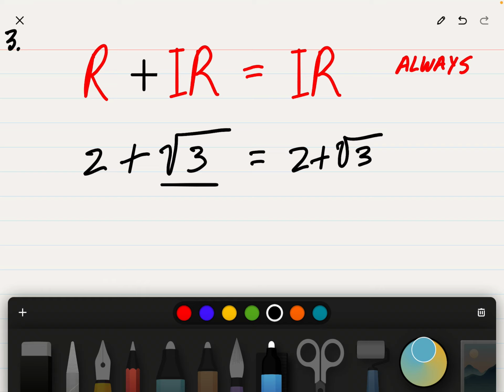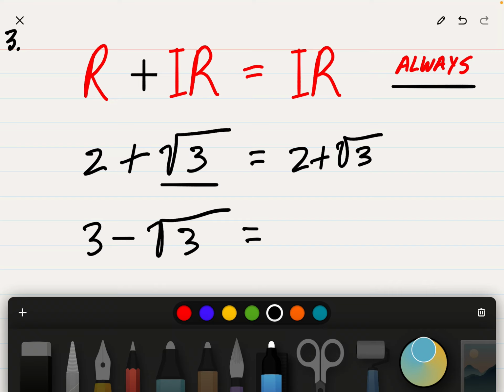When I add 2 to that, it's still going to be a decimal that goes on forever. So this is always going to be true. Same thing if I subtract, this is also going to be an irrational number. So whenever you add or subtract rational and irrational numbers, you're always going to get another irrational number.